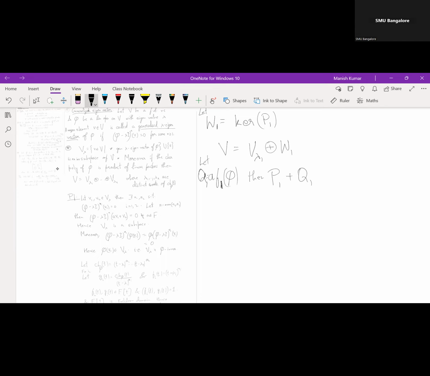What map is P1 plus Q1? So maybe we stick to i, because I have fixed this a and b were related to that i. So let's just stick to i. So Q_i. So what is P_i plus Q_i?